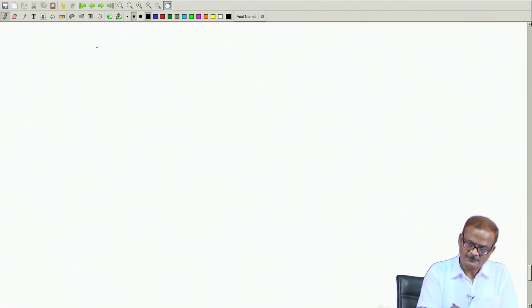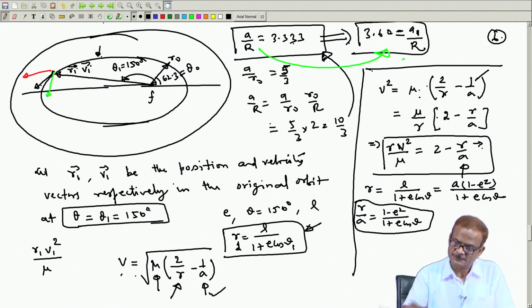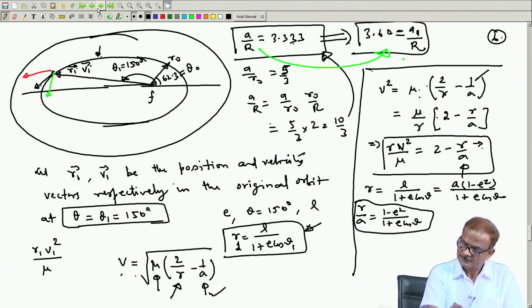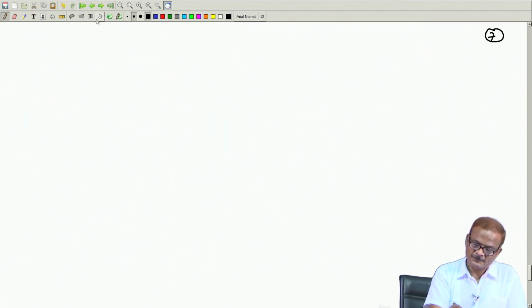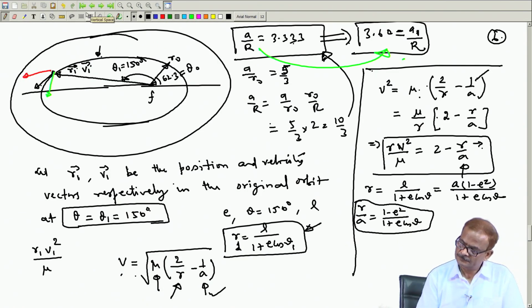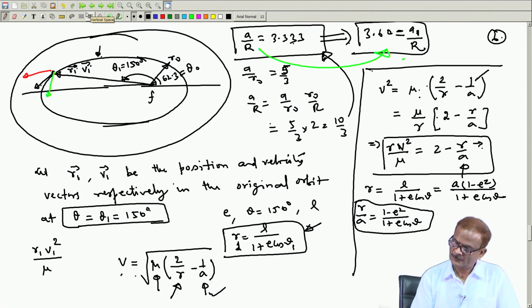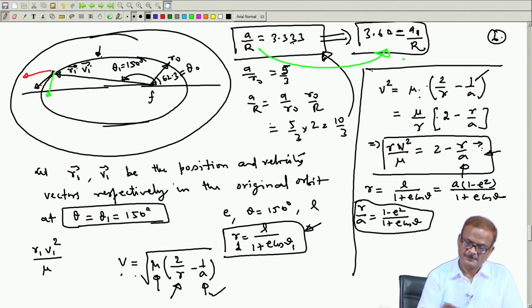So, therefore, r v square by mu becomes... and you remember this equation is nothing but our energy equation.